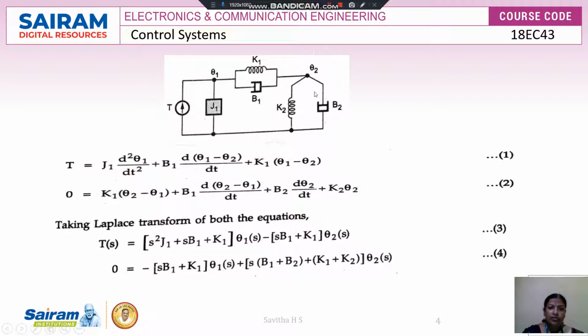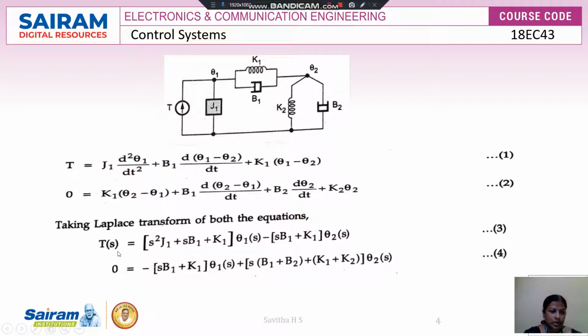Now for node 2: 0 = K1(theta 2 minus theta 1) + B1 d/dt of (theta 2 minus theta 1) + B2 d/dt of theta 2 + K2 theta 2. I am calling these expression 1 and expression 2. For the above expressions, I need to take the Laplace transform.